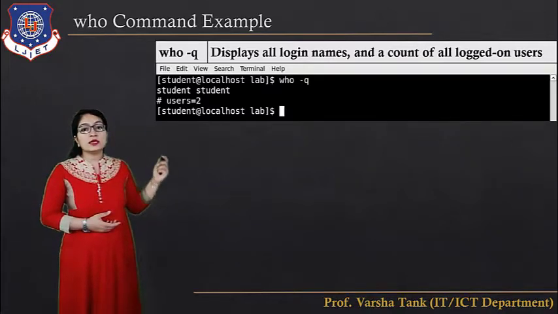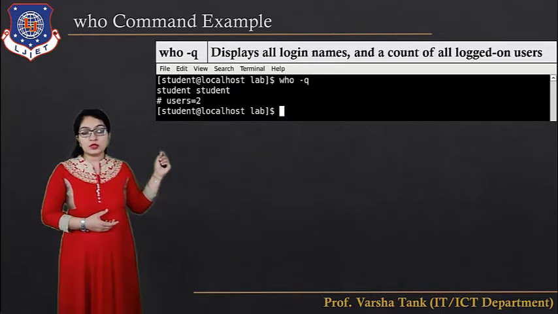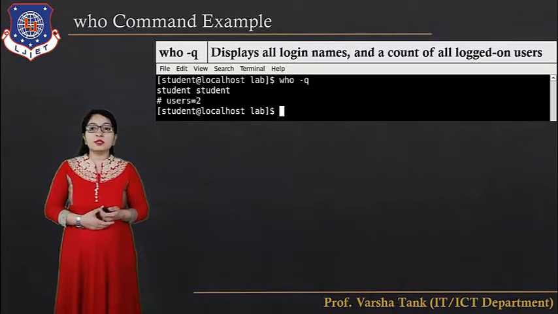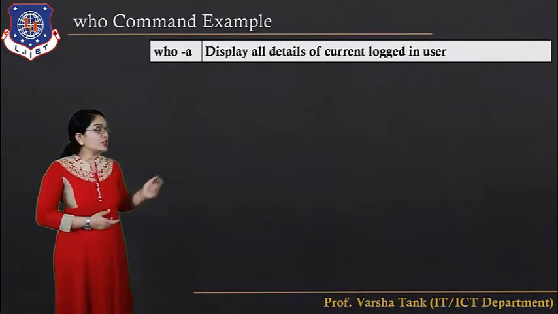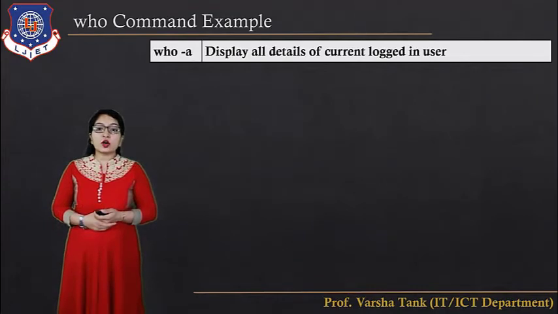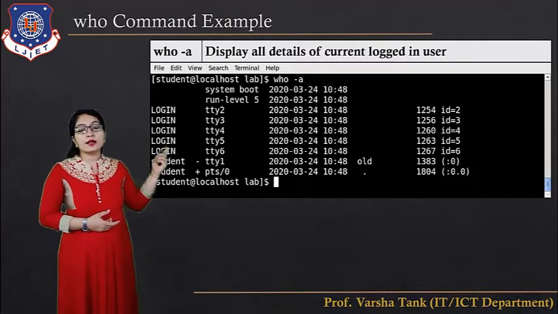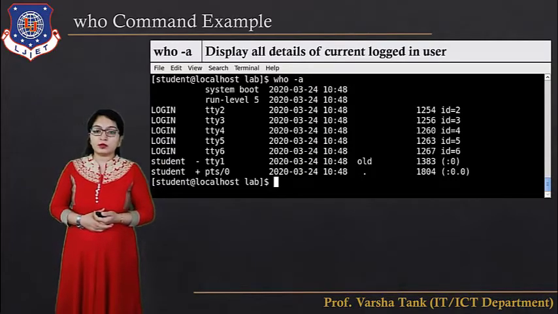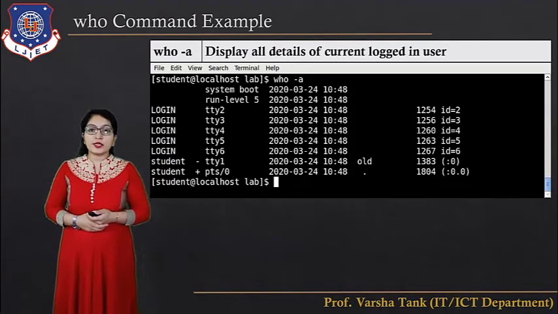So here you can see we have displayed who -q, that means it displays the users, 2 users, and the number of users is equal to 2. Here the 2 users are student and student. who -a displays the details of the current logged in users, so here you can see the details of the current logged in users will be displayed by who -a.